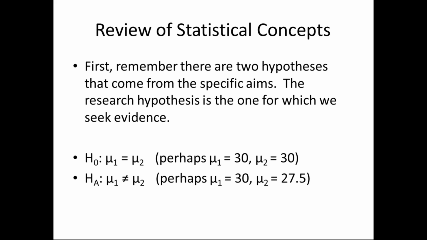Now here's the game I want you to play with me. 30, 27.5. Clearly that's under the alternative, right? 30 and 25. Clearly under the alternative, right? Great. mu1 is 30, mu2 is 29.9999999. Which one's true? The alternative.